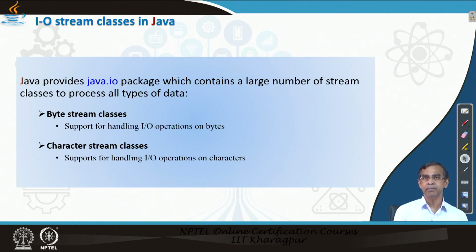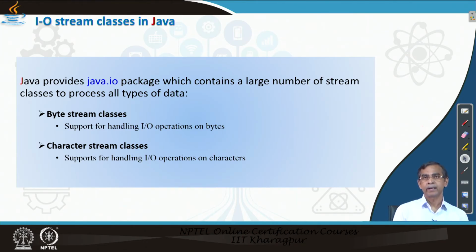Similarly, for output, from your program you can flow the data in the form of bytes. On the other hand, character stream means it is Unicode. It is in the form of text, which can consist of any symbols, in any language, Hindi or Chinese or French, whatever it is. So, this basically is text.